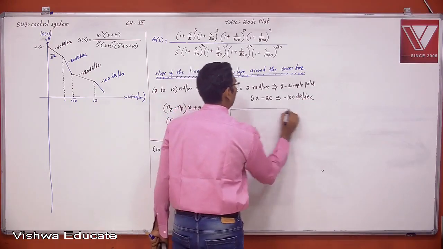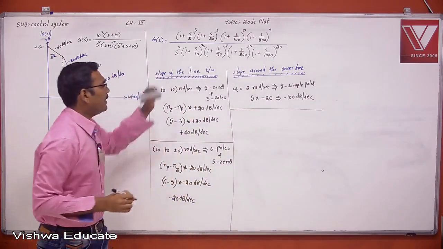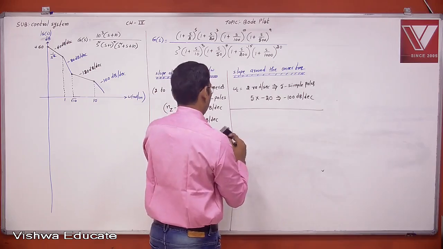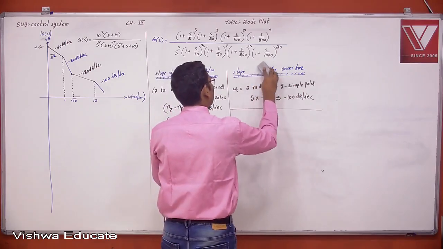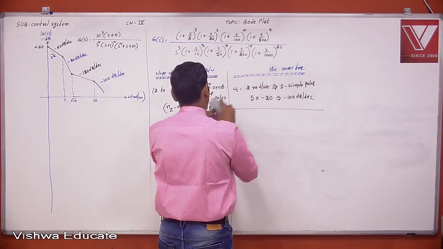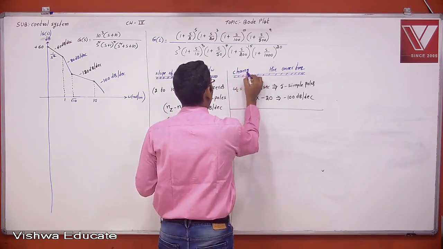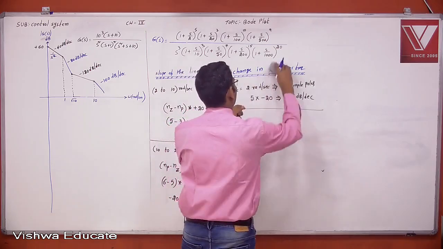Next, at 10 radians per second, what is the slope? Sorry, this is change in slope.